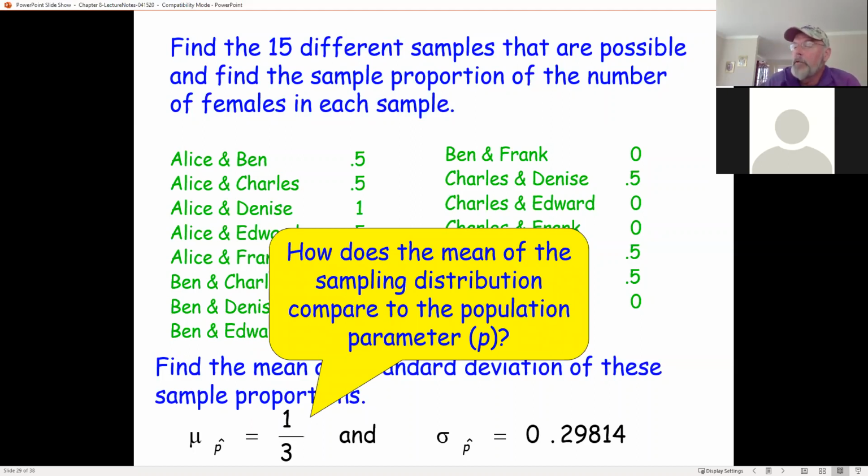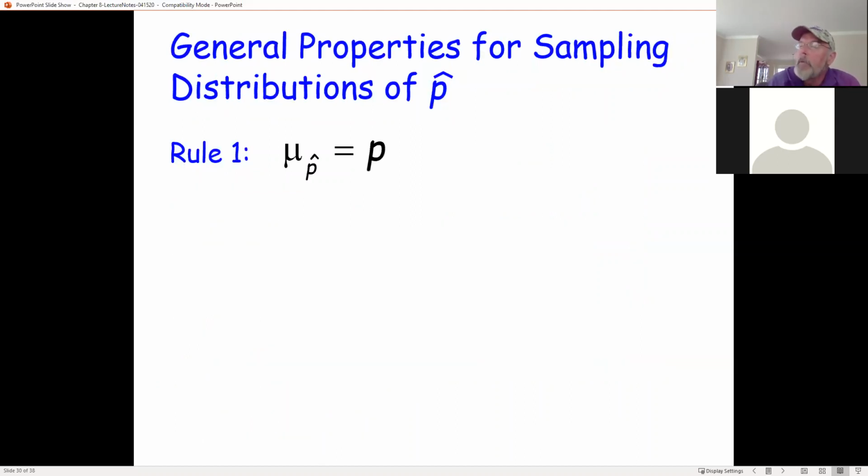So this here is the mean, the same mean as the original parameter. So we want to build the same sorts of properties that go along with this.